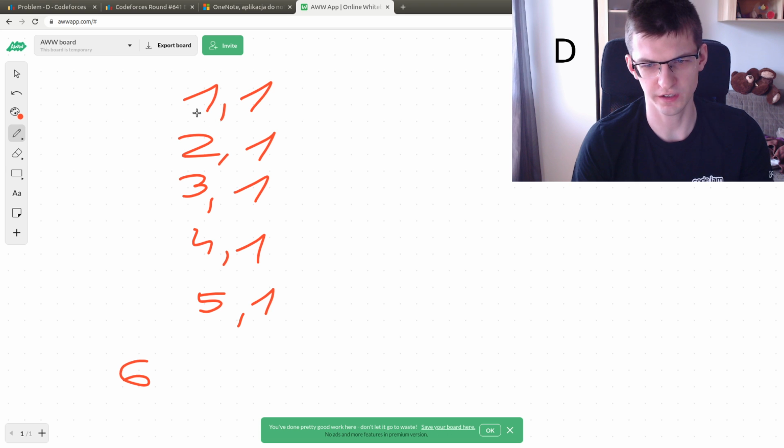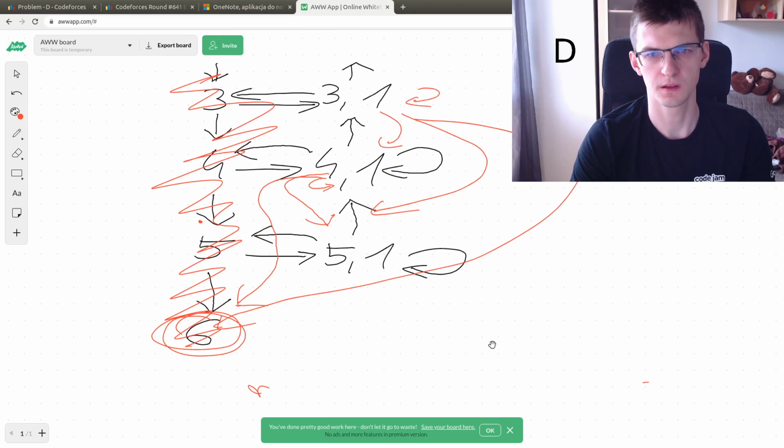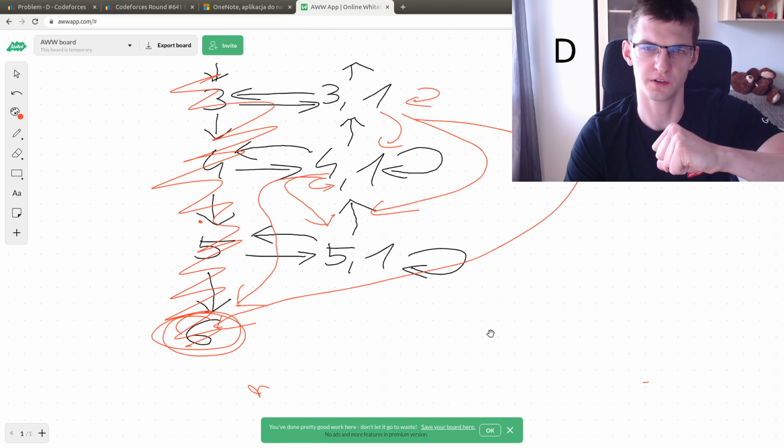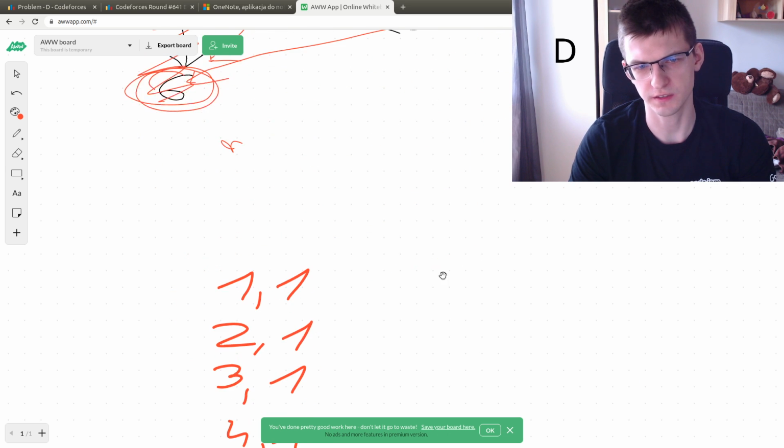There's this. Is there 0,1? No, there is no 0,1. Like that. And we had transitions from me to one state above or to any next state.